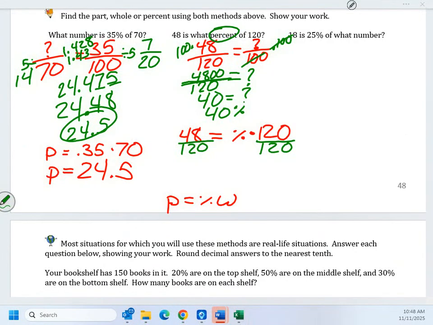That's those opposite operations that we did last unit, dividing out so I'm left with just my percentage. 48 divided by 120 is what? Use your calculator.